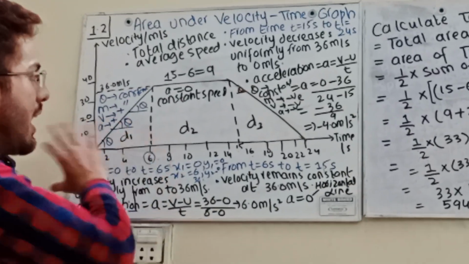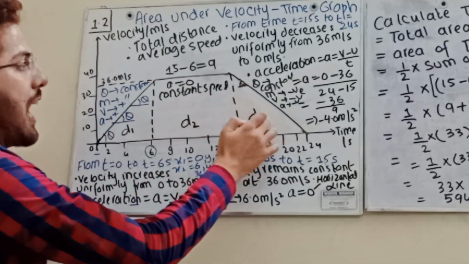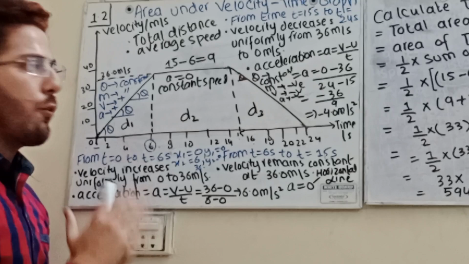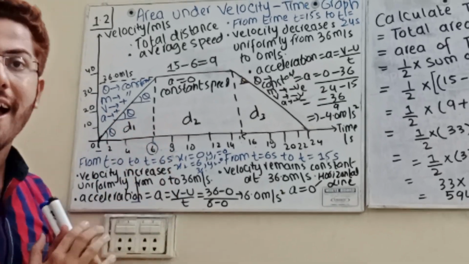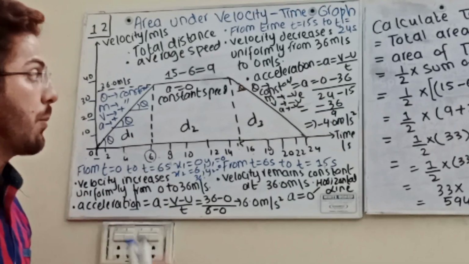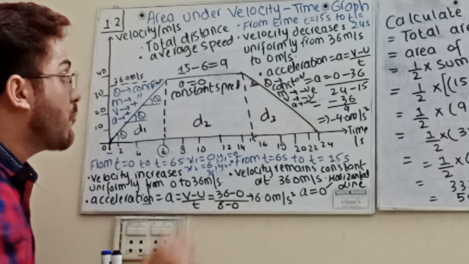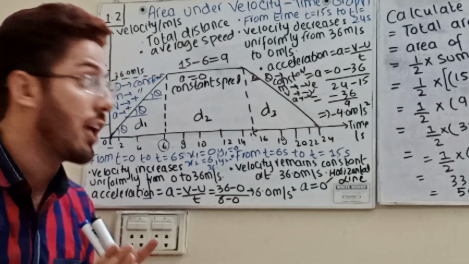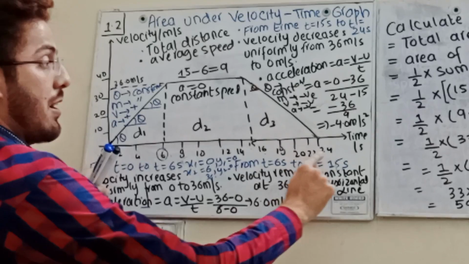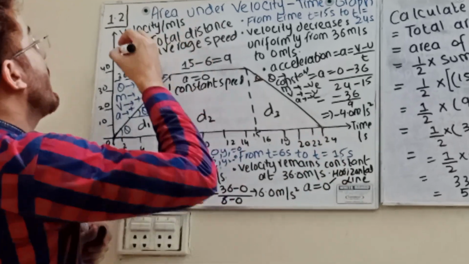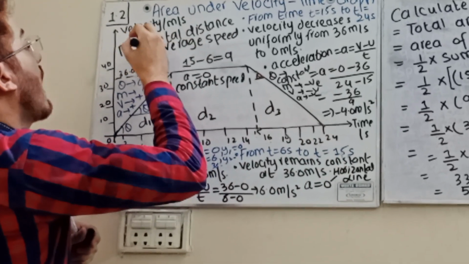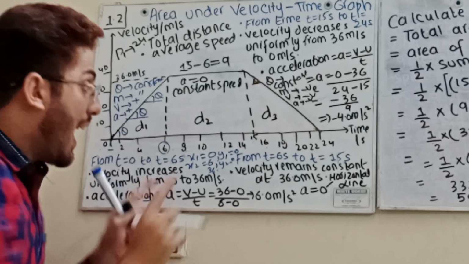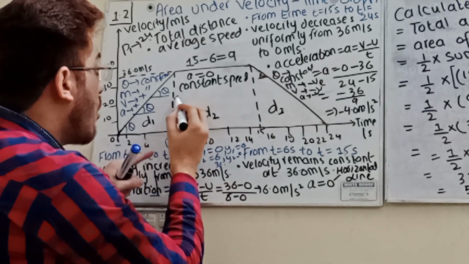If you are going to see this type of graph and this type of figure in the exam, you are going to apply area of trapezium. You are going to find out half the sum of parallel sides. How would you find the sum of parallel sides? Student, this is one parallel side, 24 is the one parallel side, 24. Second length, you are going to find out this length.